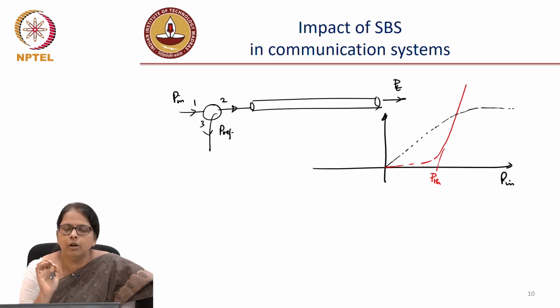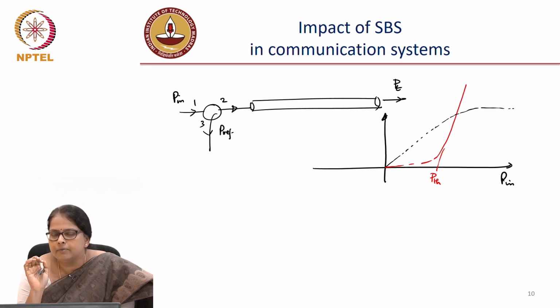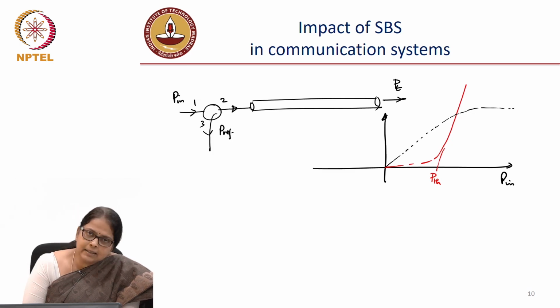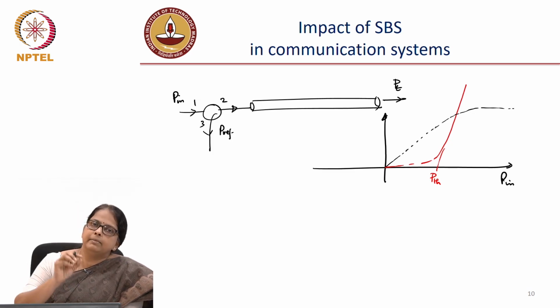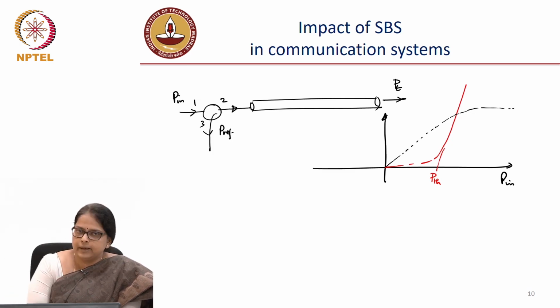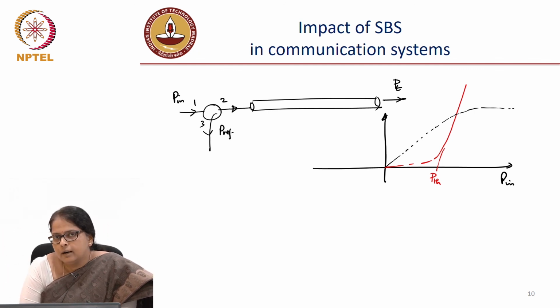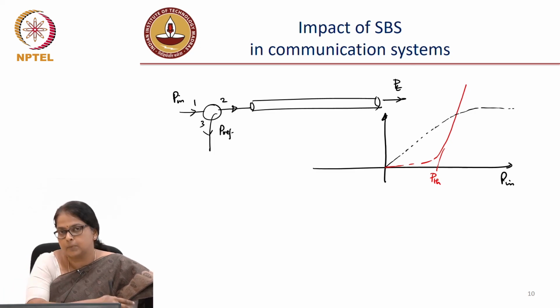Okay, the Brillouin threshold is the first nonlinear effect, the nonlinear effect which has the lowest threshold. And this is what limits the power that can be given at the input of a fiber. Because if you exceed the threshold, the power simply does not reach the receiver, it just comes back.